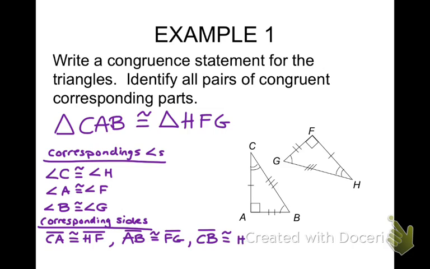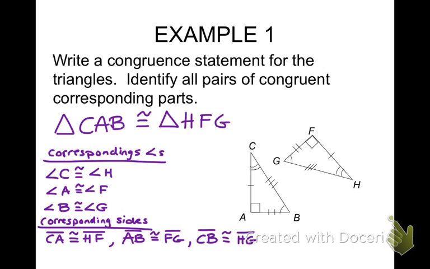HG. Good. So even if I didn't have this diagram and I was only given this congruent statement, I should be able to get all my corresponding parts. C matches up with H, A with F, B with G. Done. Sides: CA with HF, AB with FG, CB with HG. Okay, so given a congruent statement, you should be able to get all of your corresponding parts that easily. Questions with that? We're good?